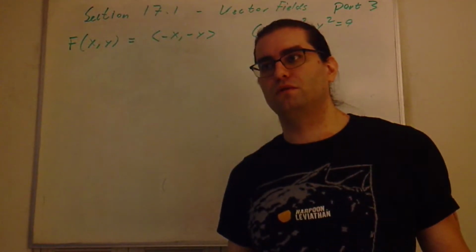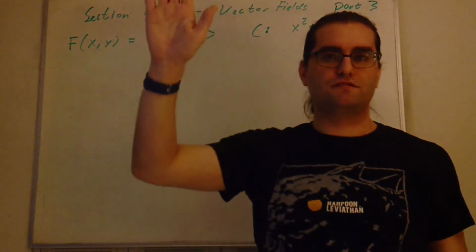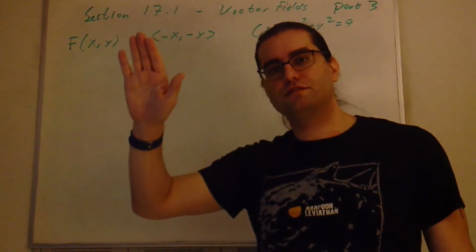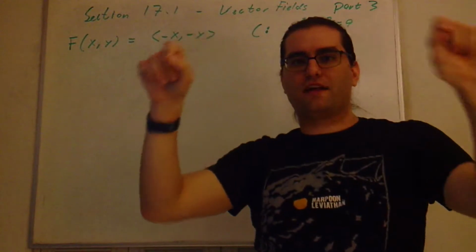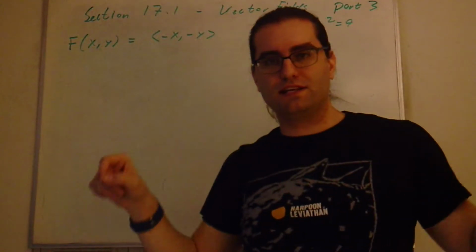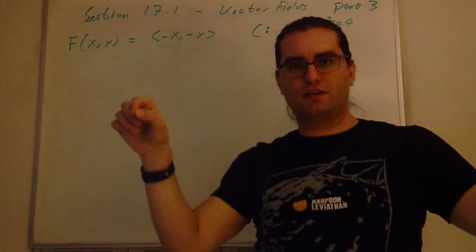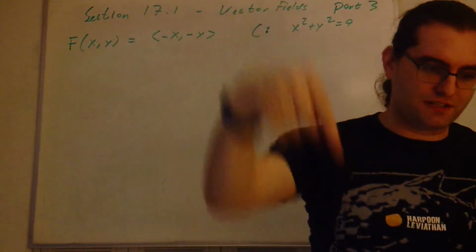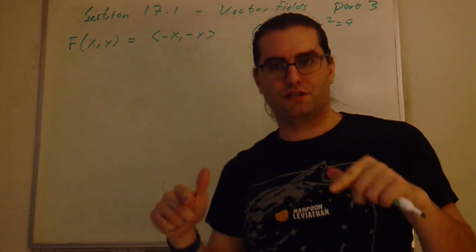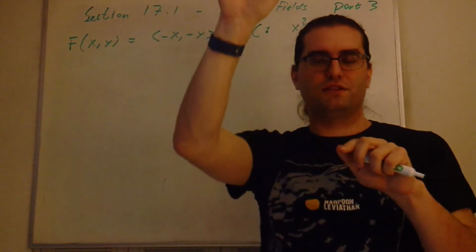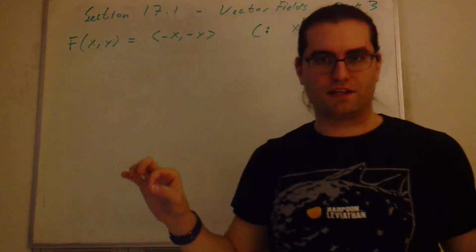So if you have some surface, the gradient points in the direction of steepest ascent on that surface, and the level curve is a path of no ascent or descent. So the gradient points steepest, level curve is no change. The negative gradient would point in the steepest descent, and all those things are perpendicular to each other. So the gradient with its steepest ascent has to be perpendicular to the level curve with its zero ascent.